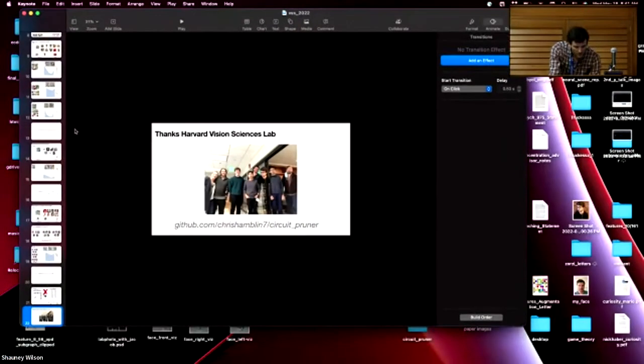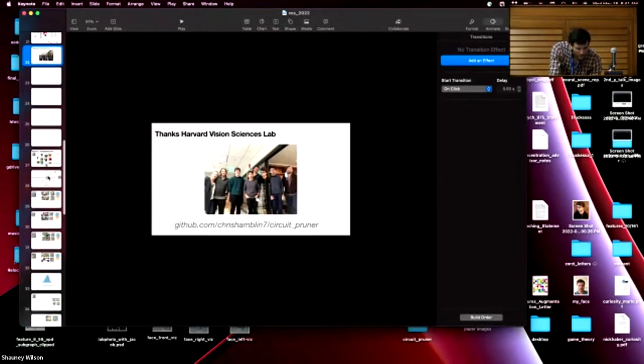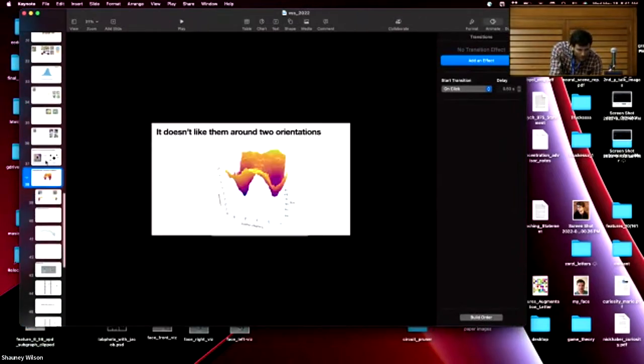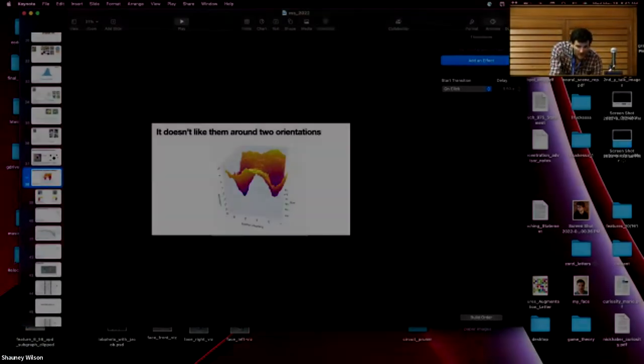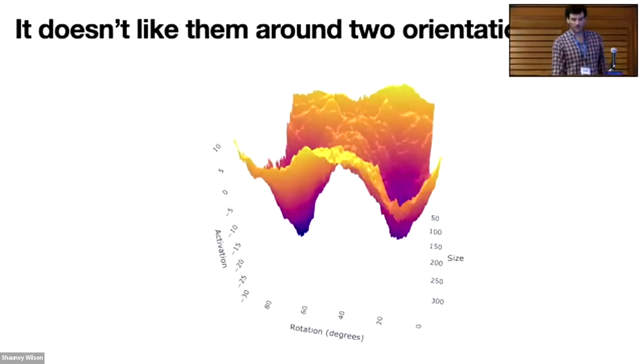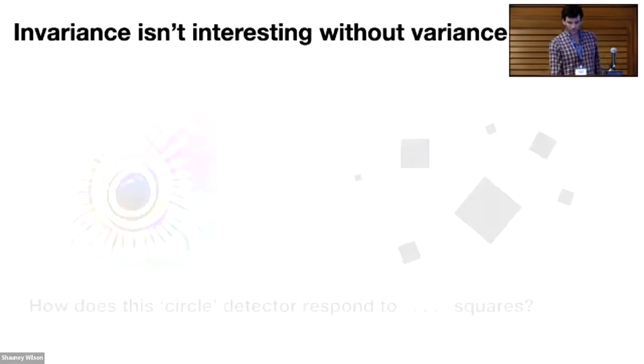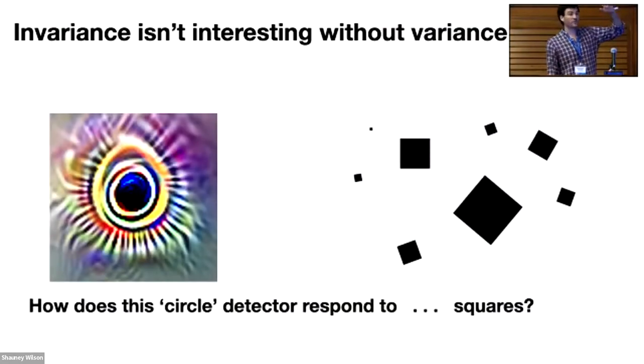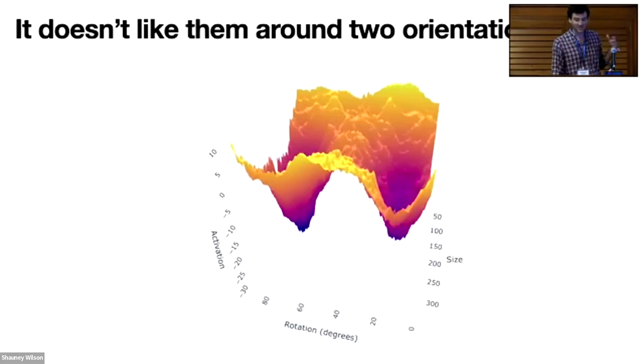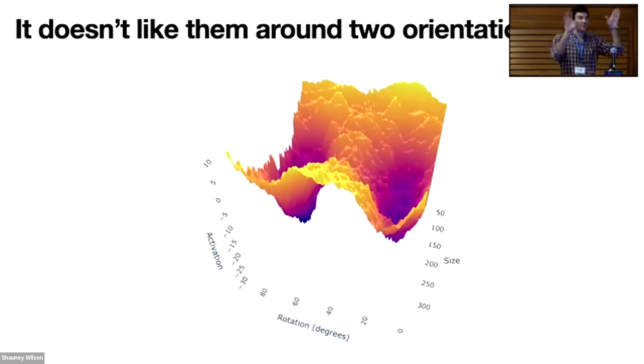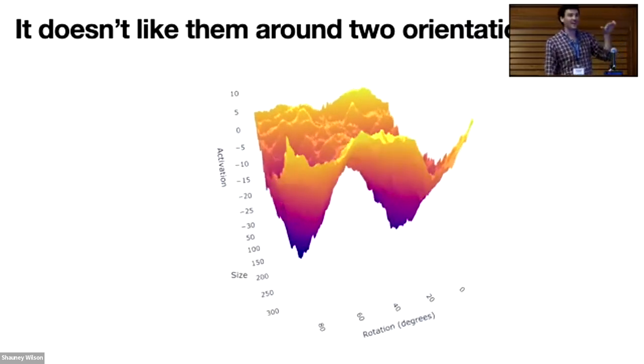Yeah, let's see if I can show you a good example. So for example, looking at that circle detector, you can do the same thing for the images it doesn't like, right? So this doesn't like squares, but at two particular orientations. And you can actually do the same thing.